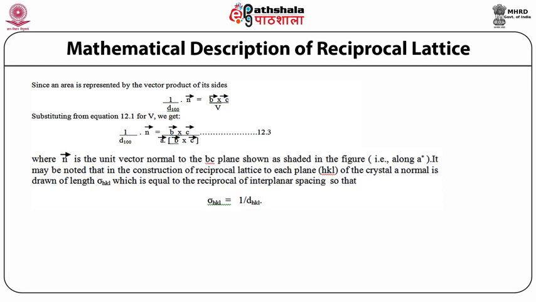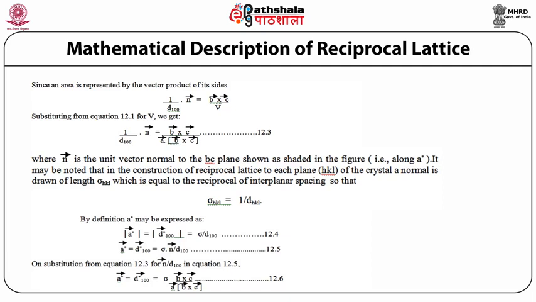where n vector is the unit vector normal to the BC plane, shown shaded in the figure, that is, along a star. It may be noted that in the construction of the reciprocal lattice, to each plane hkl of the crystal, a normal is drawn of length sigma_hkl, which is equal to the reciprocal of the interplanar spacing, so that sigma_hkl is equal to 1 upon d_hkl.